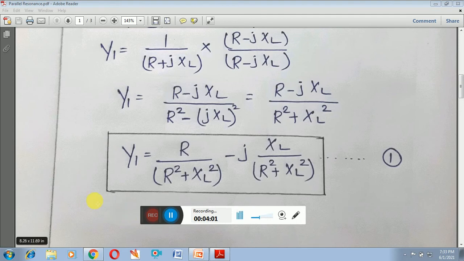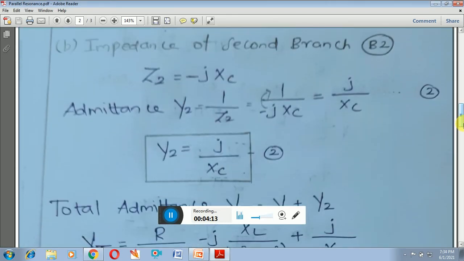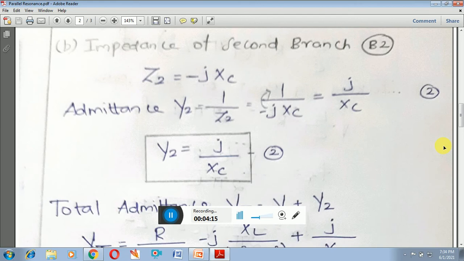Similarly you have to find out the admittance Y2 for the second branch, which has only a capacitor. The impedance of the second branch B2, denoted as Z2, is equal to minus j XC, because of the presence of the capacitor alone.